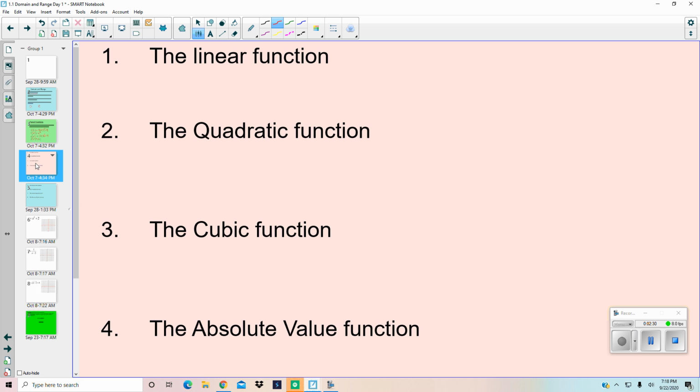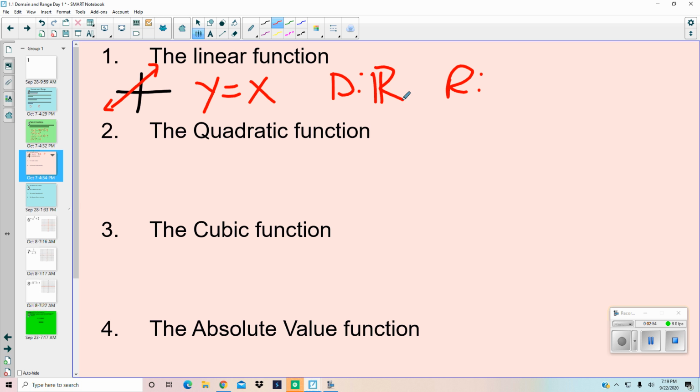Okay, so first off, a linear function. The parent function for a linear function would just be y equals x, right? Because a linear function goes on forever in both directions, the graph of a linear function looks like that. The domain is going to be all real numbers for x and all real numbers for y.